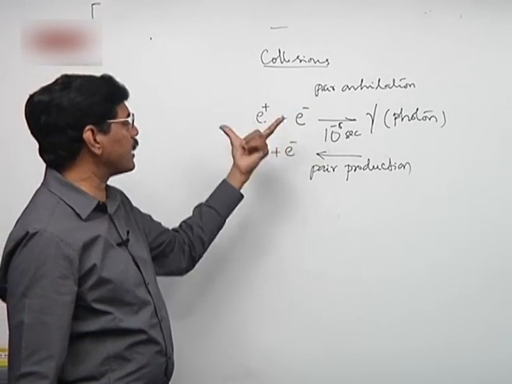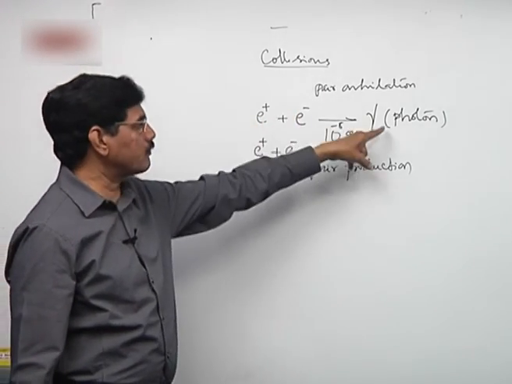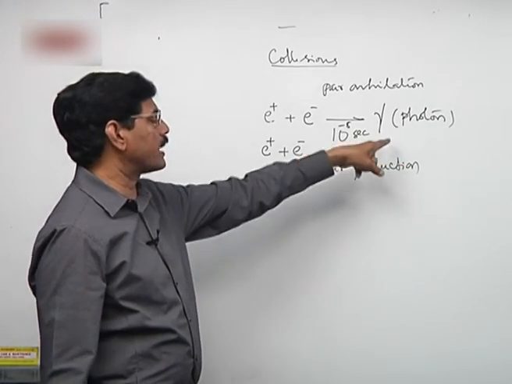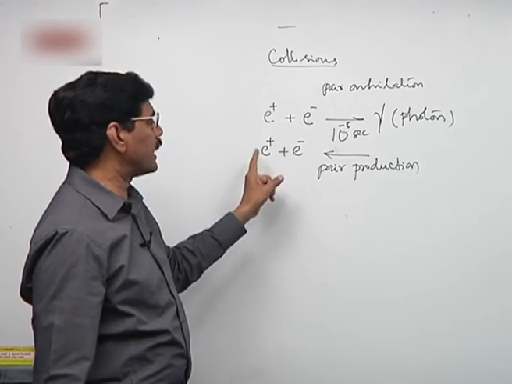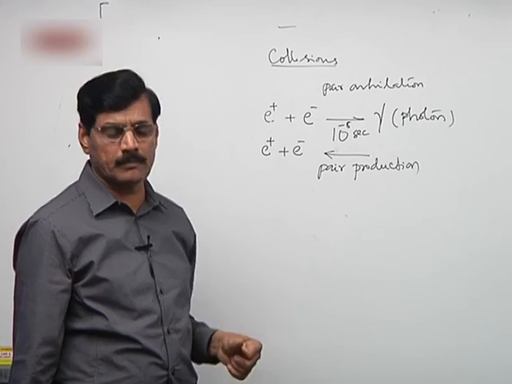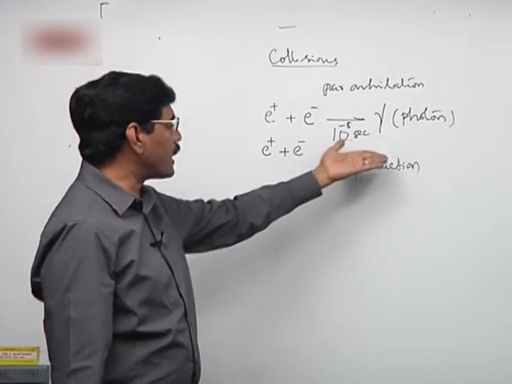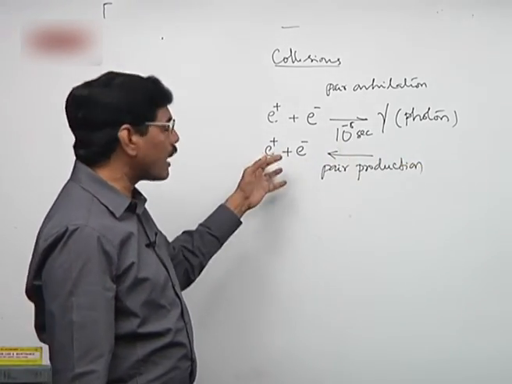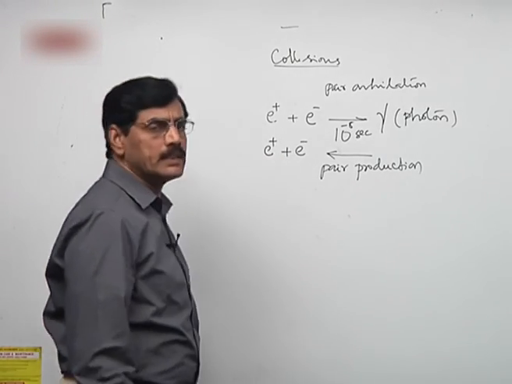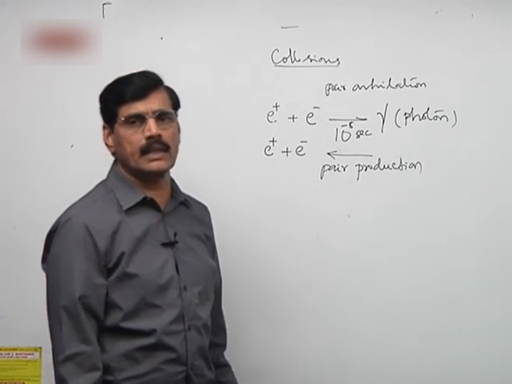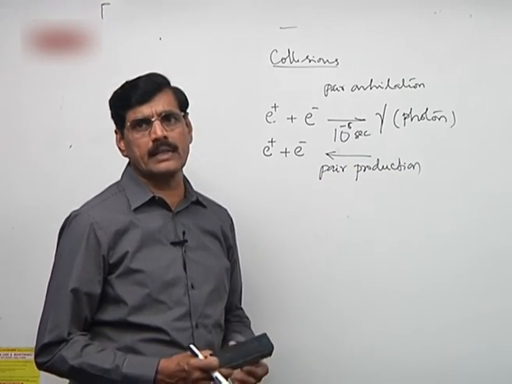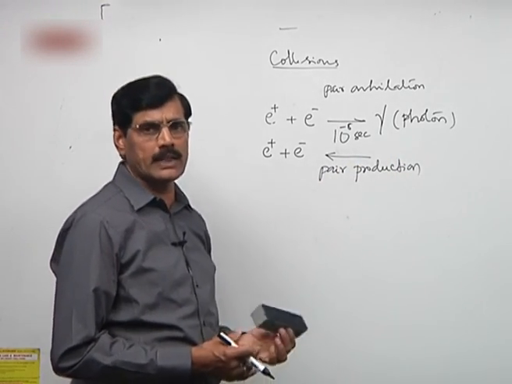In pair annihilation, matter, mass, is converted into energy. This reverse process, where the gamma ray photon gives rise to an electron positron pair, we also call a collision. Though there were no particles earlier, there are particles now, and that we also call a collision. Therefore, a collision is an event in which a large interaction force acts during a short interval of time, with event before, event after, a clear demarcation, which makes the event to be called a collision.